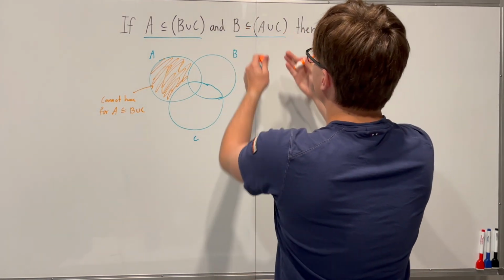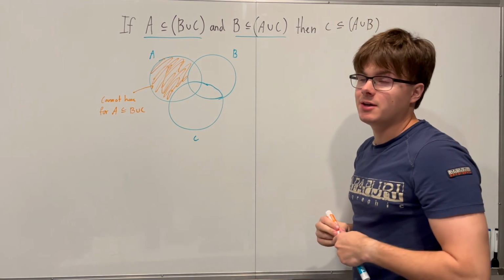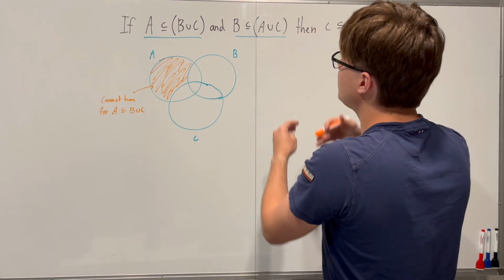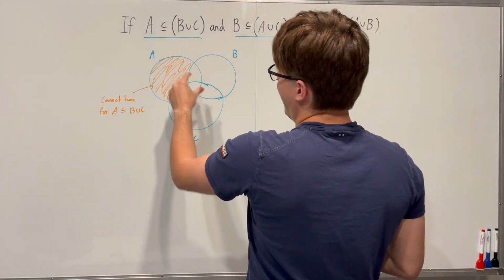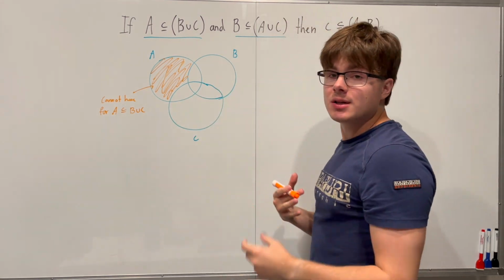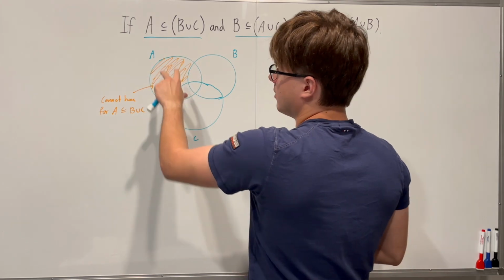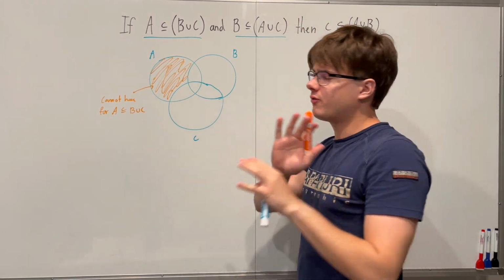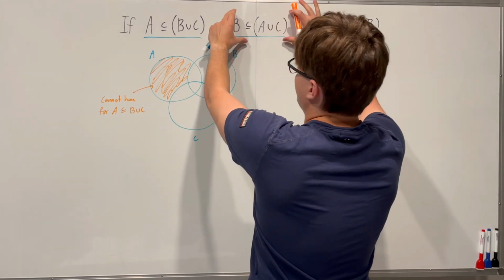Okay, what about B being a subset of A union C? Well, it means all of B has to be either in A or it has to be in C. So for the moment, forget about this orange part we're removing. Forget about that for the moment when we're focusing on this.